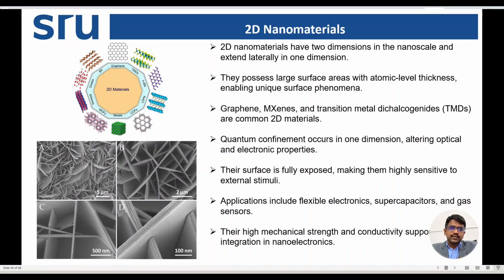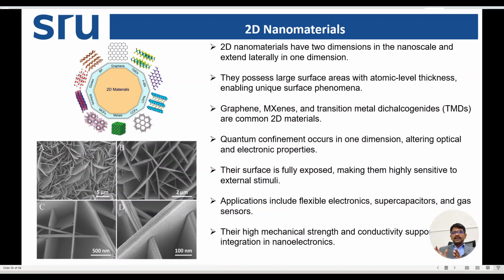We will see what the advantages of this two-dimensional material are, what the properties are, and where we find the applications for two-dimensional materials. Let's see point by point. 2D nanomaterials have two dimensions in the nanoscale and extend laterally in one dimension.